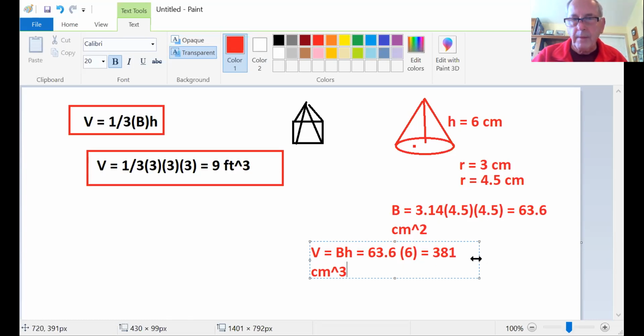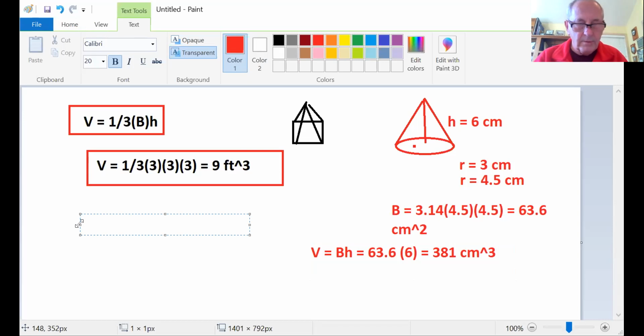Okay. I did this one in 2 steps. I determined what the base was. On the pyramid, I could have said the base is equal to 3 times 3, which is equal to 9, and then plugged that in.